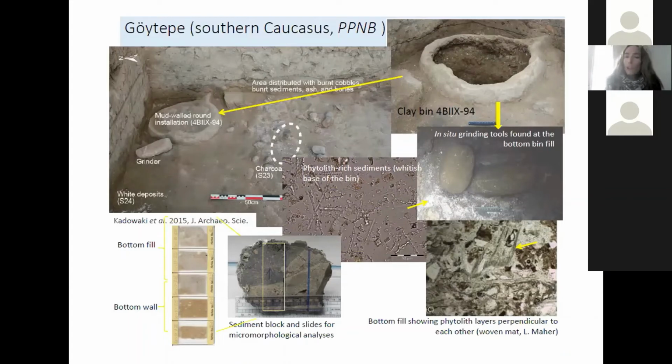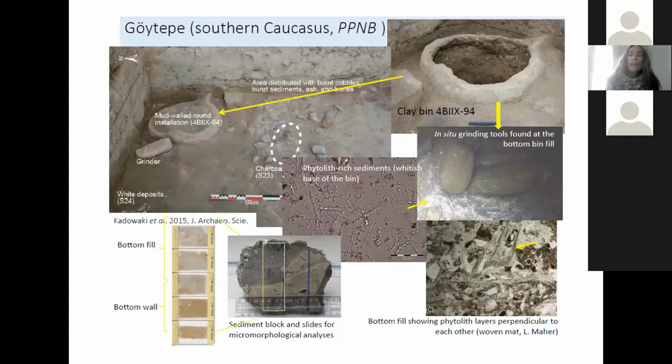And what was more interesting is the thin sections, which Lisa Meyer from Berkeley also did. We found the phytoliths in anatomical connection and in parallel, forming something like a mat, or what could be a small box for containing the sampling kit.